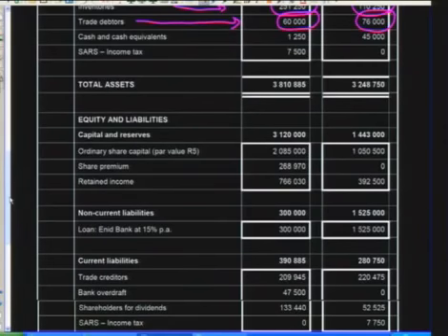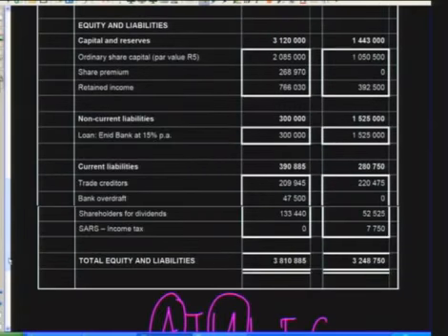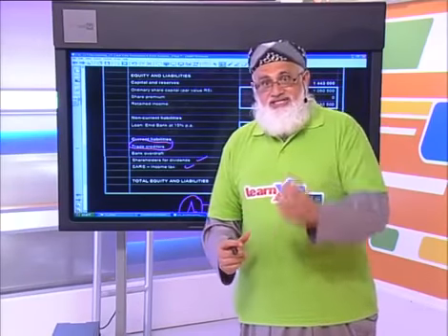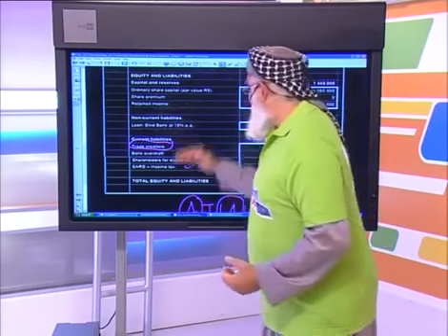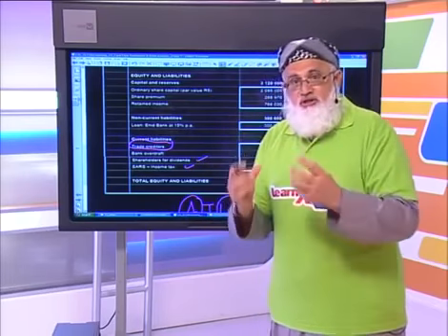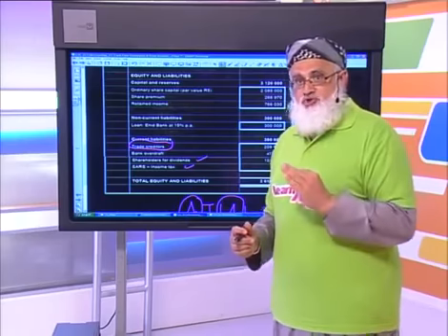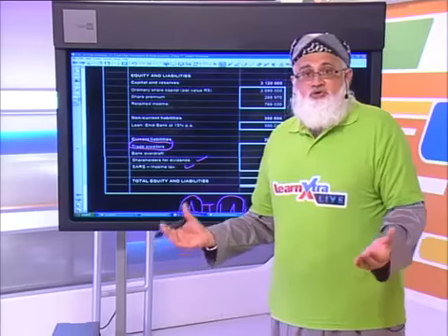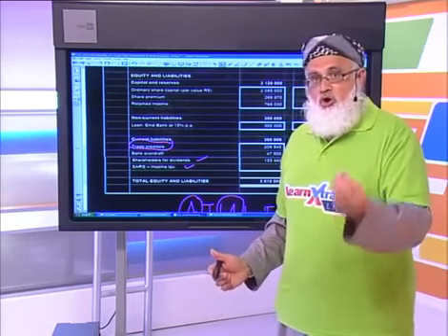In this particular instance, I want to draw your attention to the following. Your trade creditors are given to you as an individual item. Notice that your shareholders for dividends and your SARS income tax appear as separate items in the balance sheet, indicating no need to exclude those two figures. Why? Because they are separate components. Had they been part of trade and other payables as a total, then we would have to apply the rule of exclusion. And we also know why we exclude those two items, because they have notes of their own.